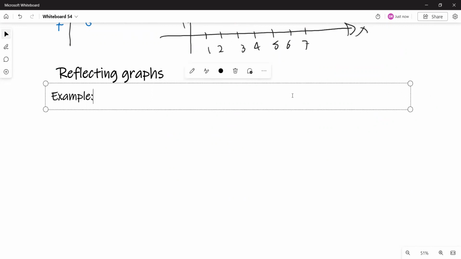Okay, so we now consider the absolute value function, and we're going to consider the function given by the opposite of f of x.